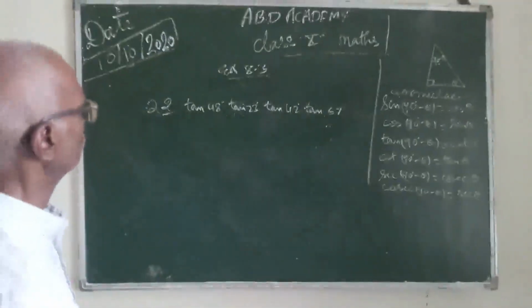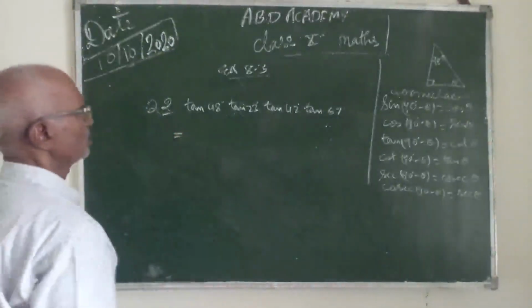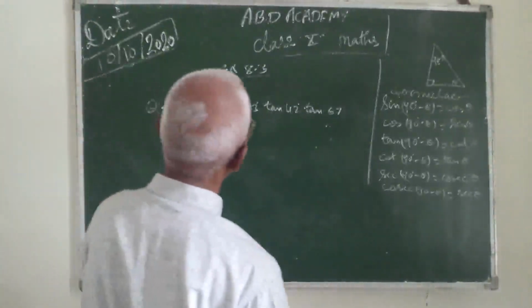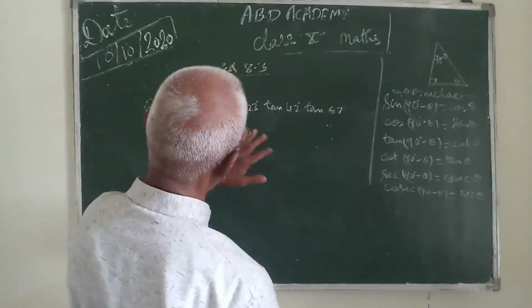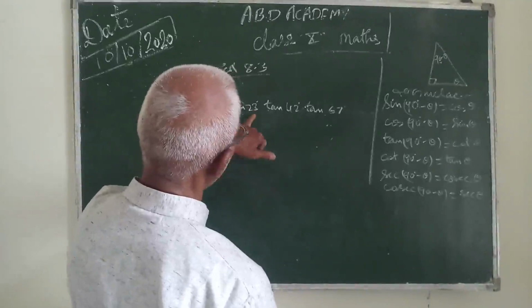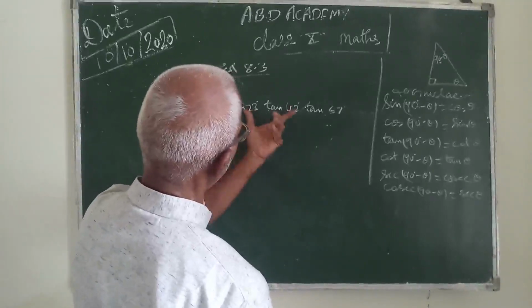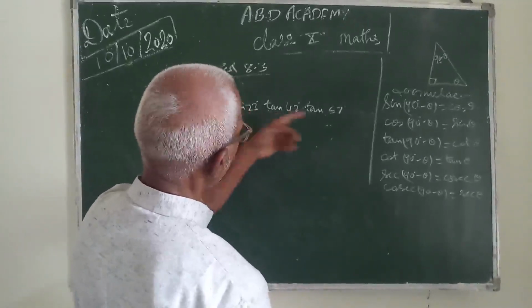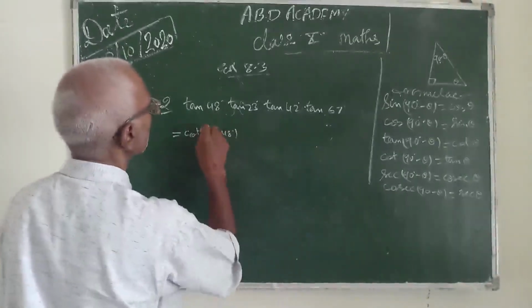So what you do, change either those more than 45 or those less than 45. Tan 23 is less than 45, tan 42 is less than 45. So leave them as they are, change this and this. Tan 48 is cot of 90 degree minus 48 degree.